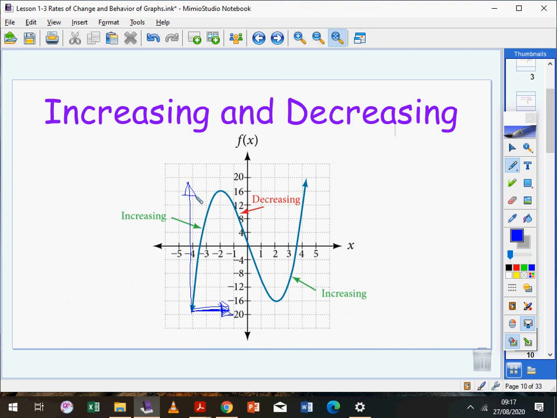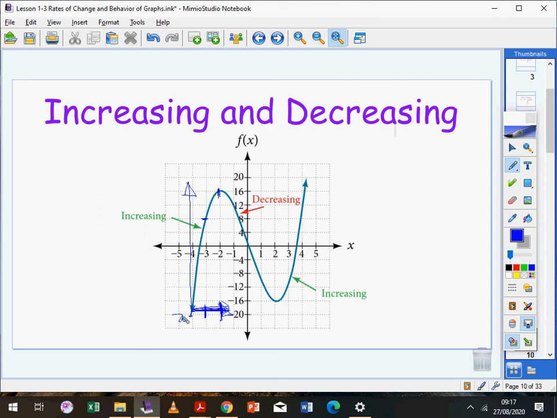So if I look at this, as I go to the right, the values of the function, like around here, 20, then as I move to the right and go to this position, the value of the function is now 18. Move to the right, now this position, that's negative 2, the value of the function is 16. So the values of the function are going up as I'm moving to the right. And if that's happening, the function is increasing.